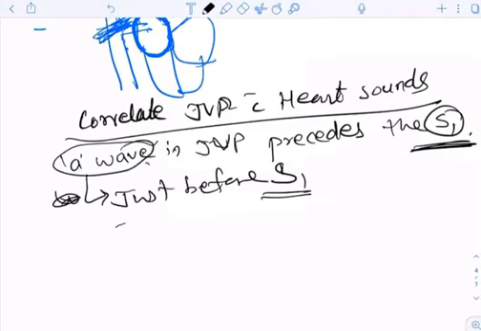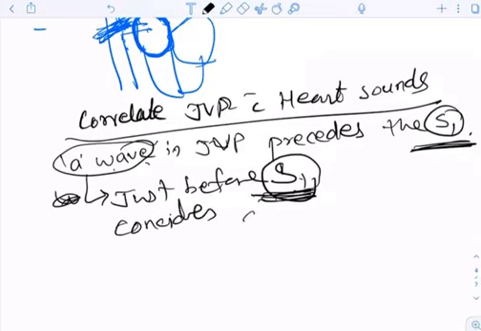One hand you keep on the carotid, and with the stethoscope you listen. The wave which occurs just before S1 on auscultation, while you are observing the JVP, is the A wave, and the wave which coincides with S2 is the V wave.